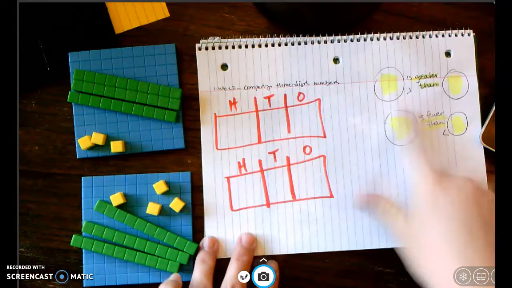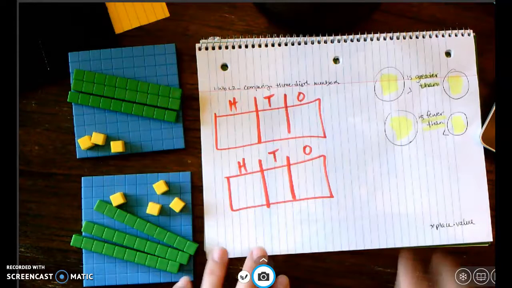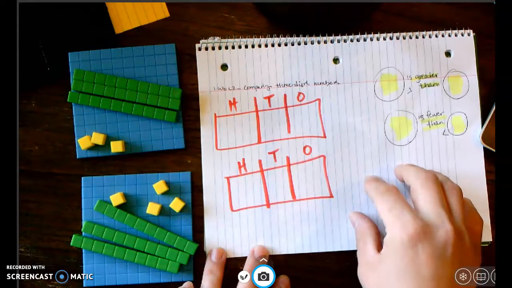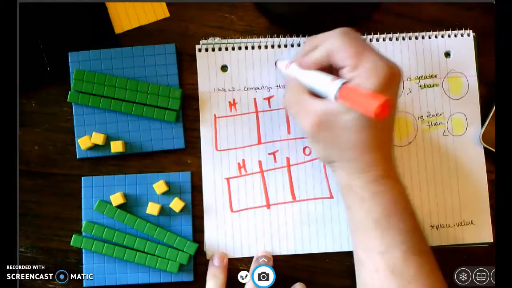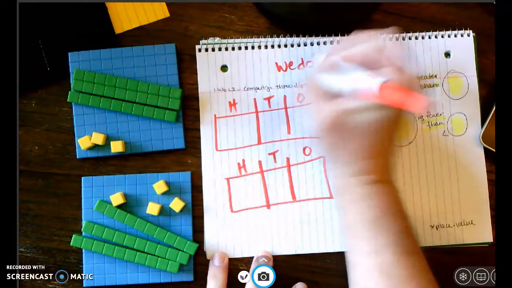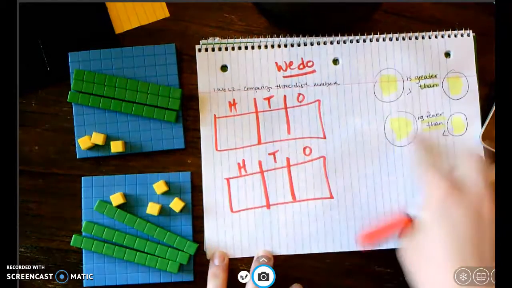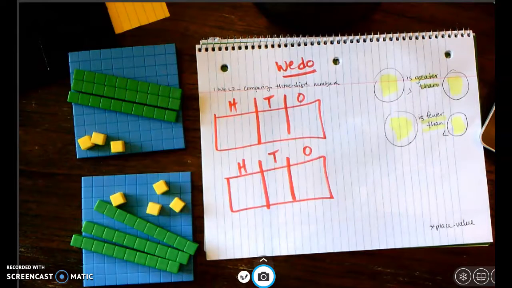I want you to complete this table over here also, and then I want you to go ahead and write the numerals right here. Just go ahead and do as much work about this as you can. Compare those two numbers. When you're ready, unpause this video and then come back and we're just going to work through comparison together. So again, this is the we do part. One more time. Complete this table, and just tell me what you can do and how you can compare. Unpause the video when you're ready.